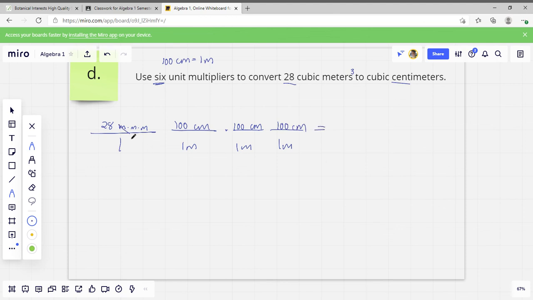All right, and we've got 1, 2, 3 of those, and then we would have 28 times 100 cubed centimeters cubed.